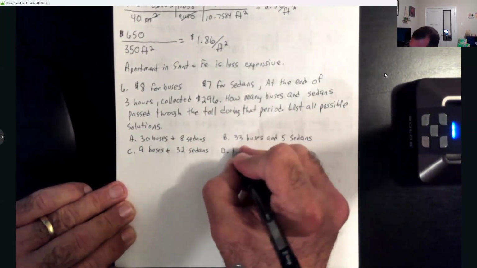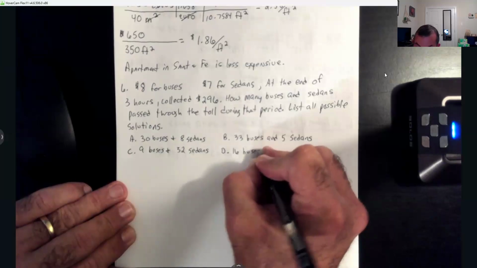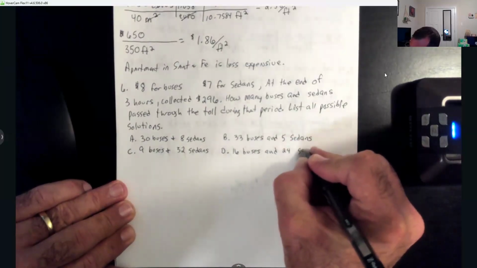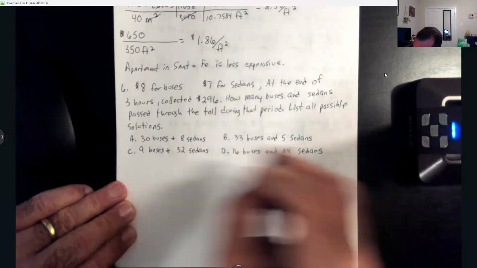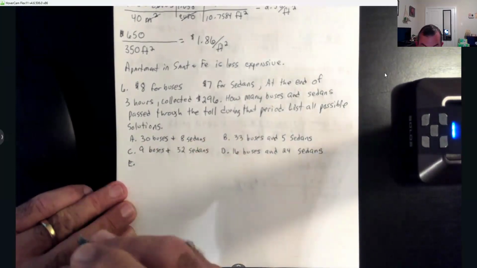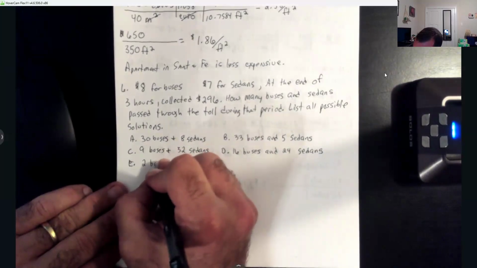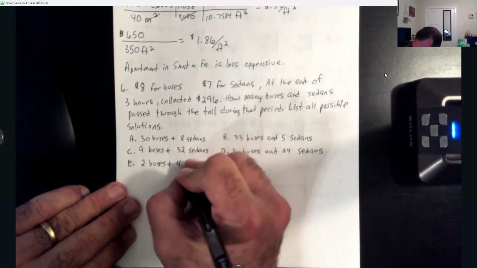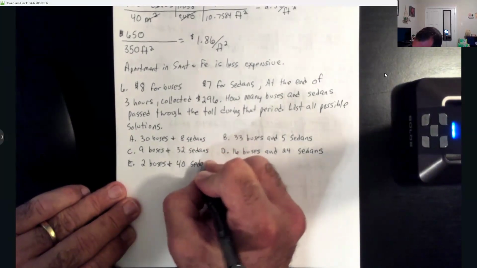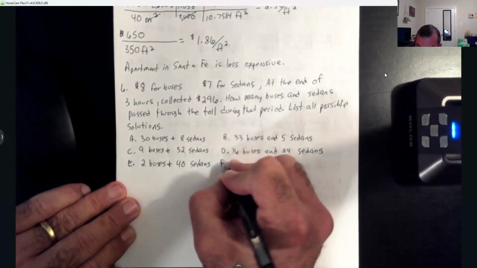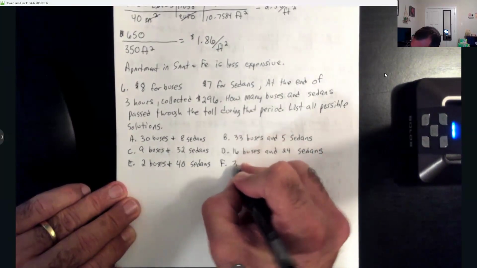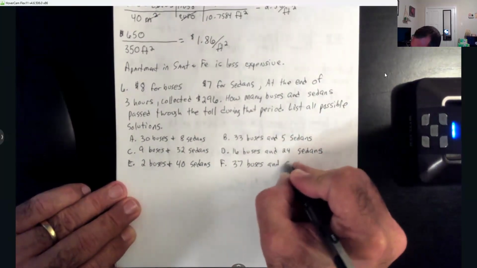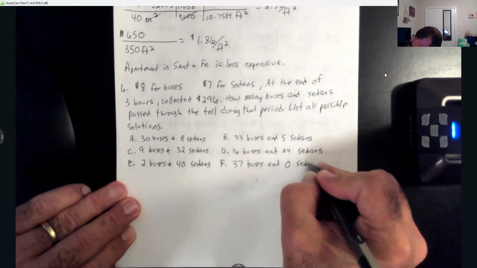D, 16 buses and 24 sedans. E, 2 buses and 40 sedans. F, 37 buses and 0 sedans.